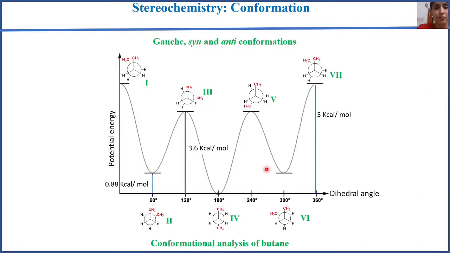Now, if we consider the conformation of n-butane, we can start from this eclipsed conformation and rotate the back methyl group by 60, 120, 180, 240, 300, and lastly 360 degrees, and we end up with the same structure.